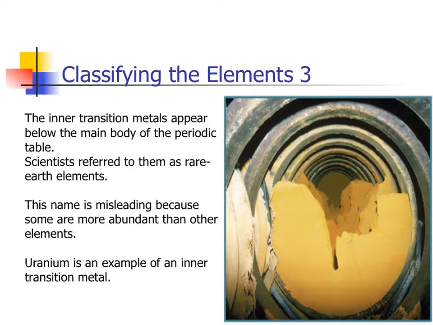Uranium is an inner transition metal, and you can see inside this drum that you have uranium yellowcake, which looks very yellowish and therefore doesn't seem metallic, but can be broken down, enriched, and put more into a metallic form. Most of these are radioactive, and our contact with them will be very limited.